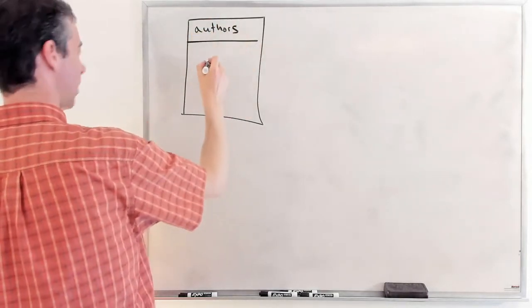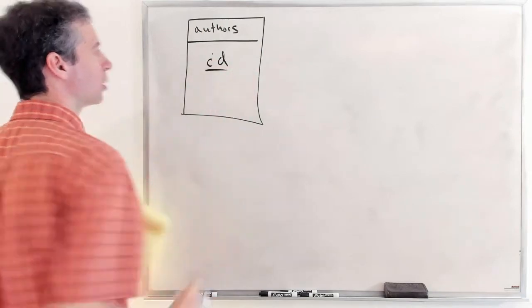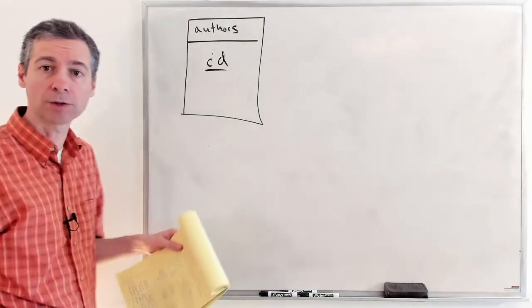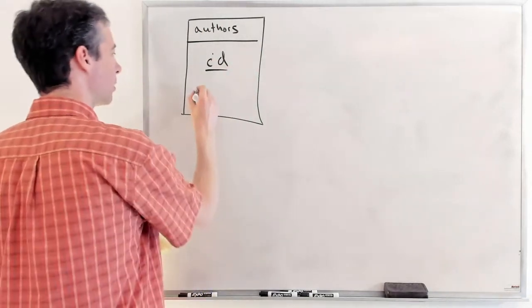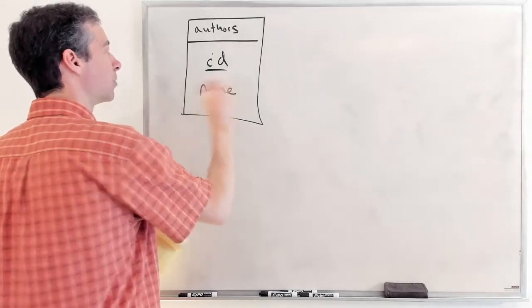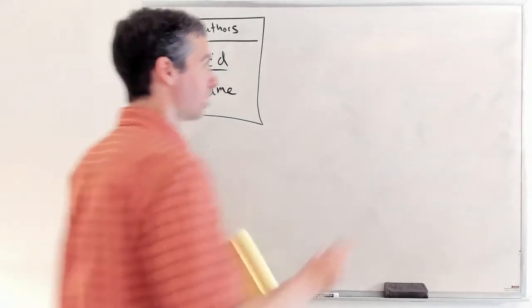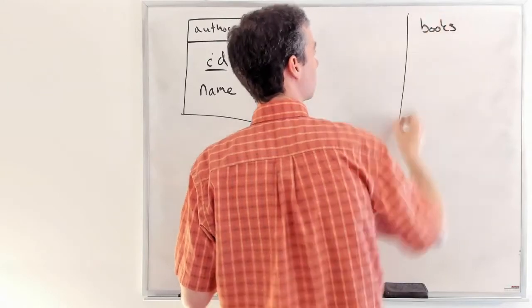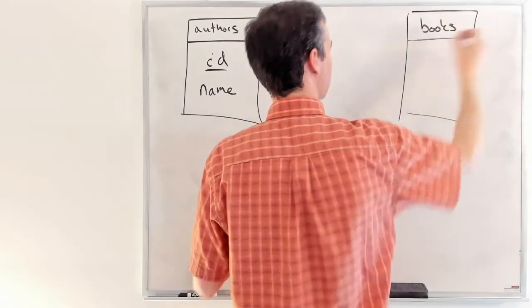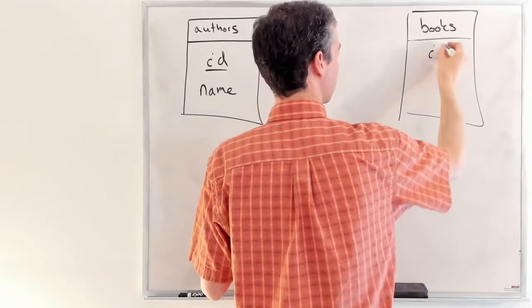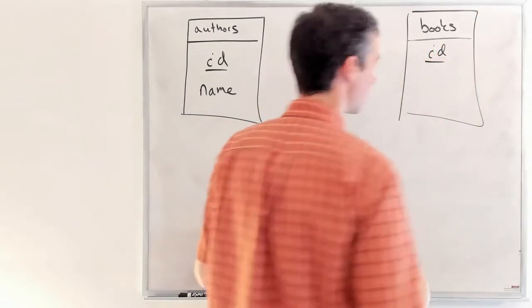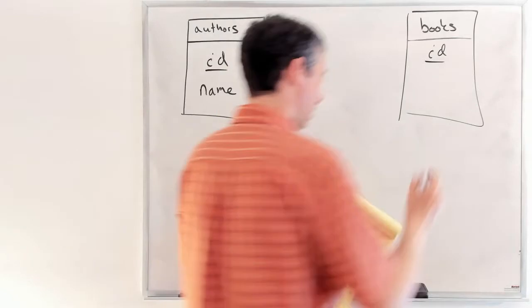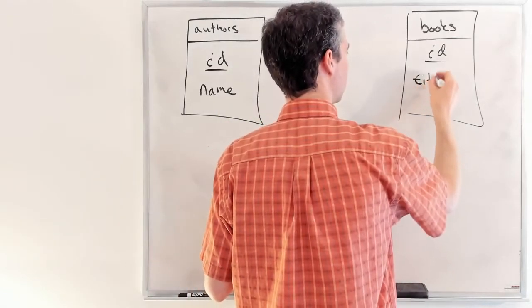And we give it a primary key of ID, auto-incrementing, our favorite thing in Rails. And we'll give each author a name. And then we're going to have some books. And for our books, we'll also give them an integer auto-incrementing ID, but they're going to have a title.